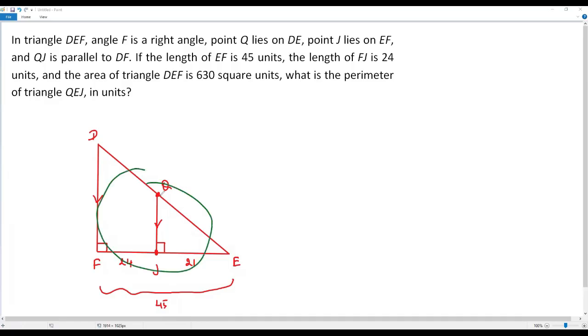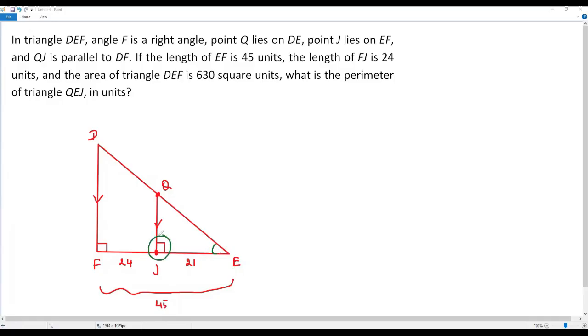In this figure, we have two right triangles. One is the bigger right triangle DEF over here and the smaller right triangle QEJ over here. And E is a common vertex for both the triangles. Now, let me consider the two interior angles in the bigger right triangle, that is the interior angle at the vertex F and the interior angle at the vertex E. And also consider two interior angles in the smaller right triangle.